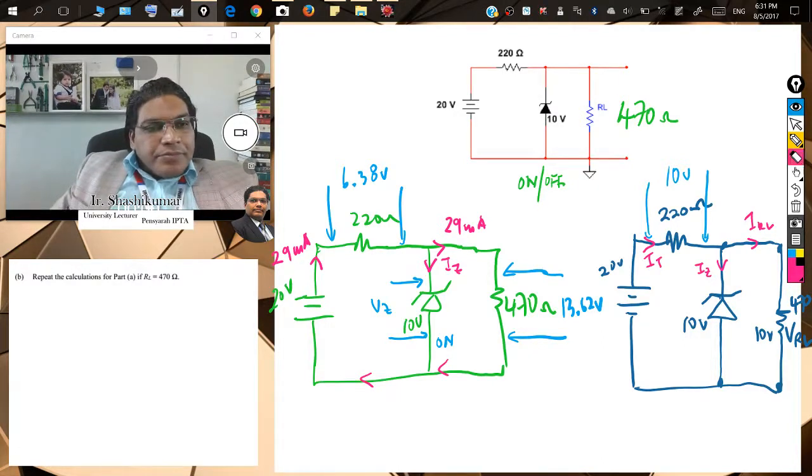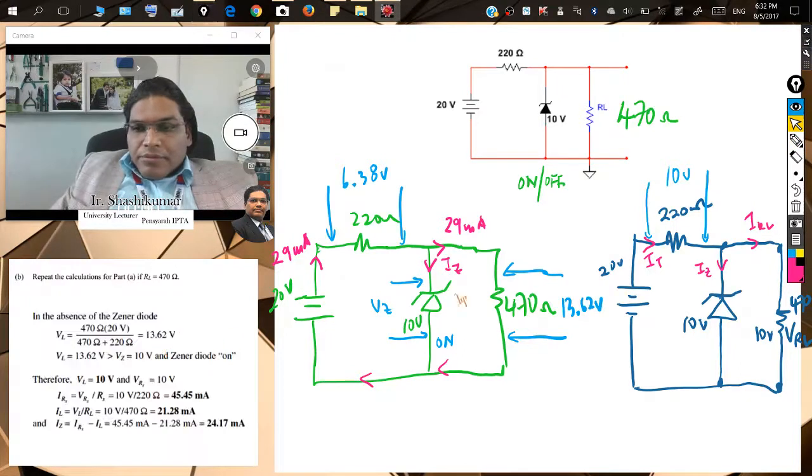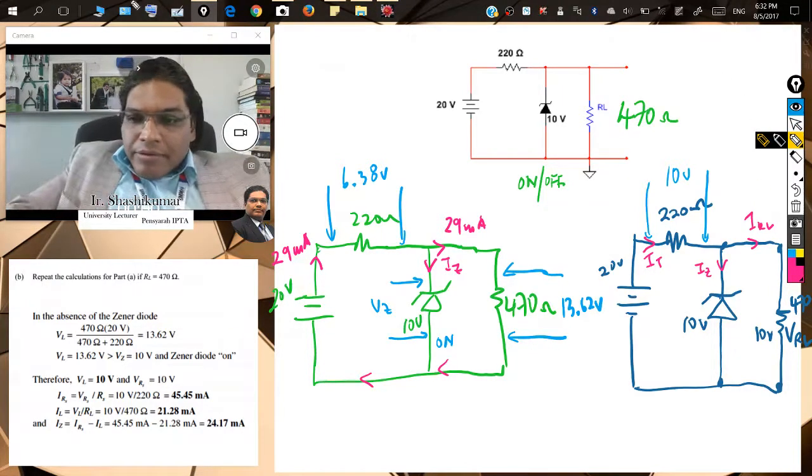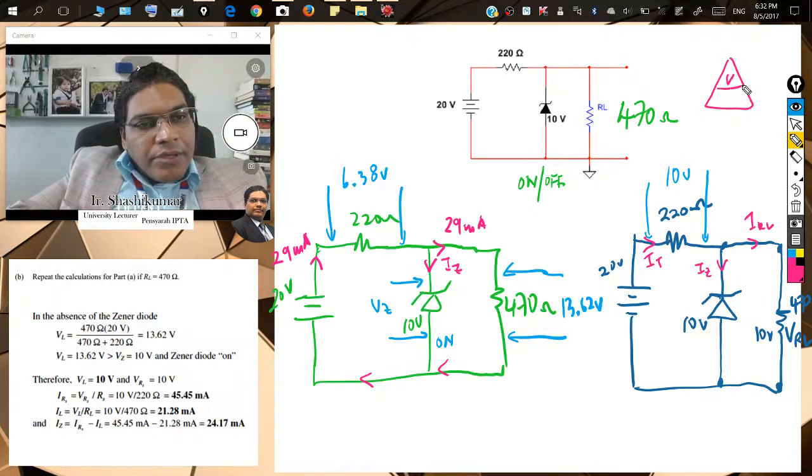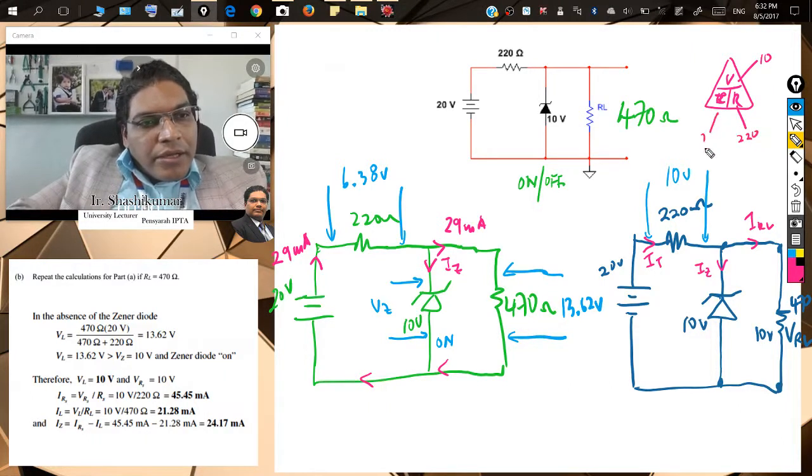So we look at that answer. You get your current here using this rule, V equals IR. You don't know the current, but you know the resistor and the voltage, 10 volts and 220 ohms, then you can get the current.